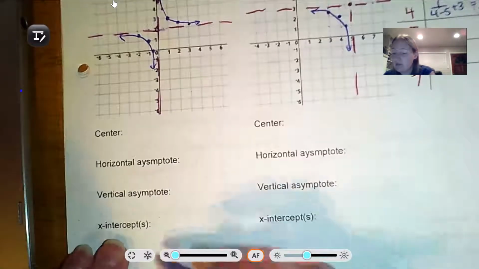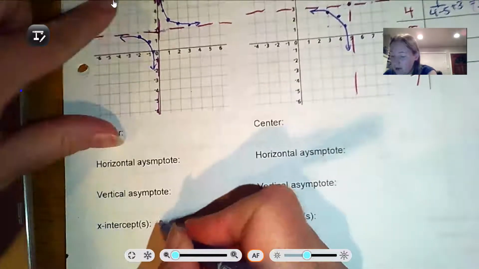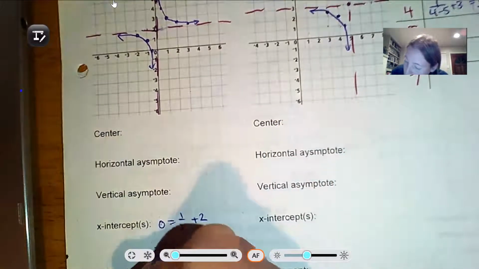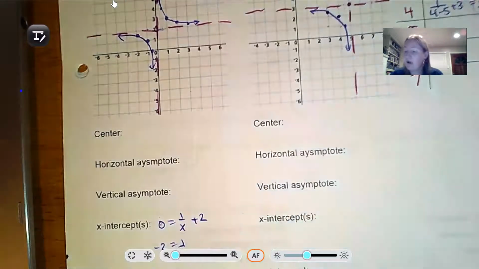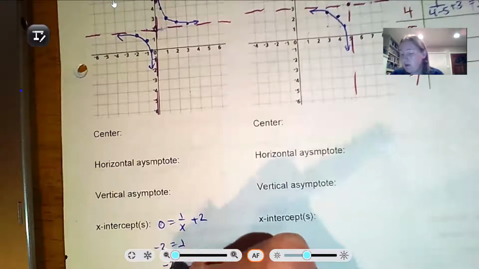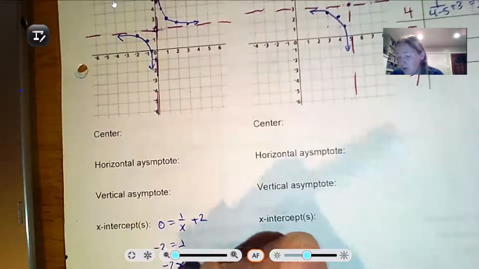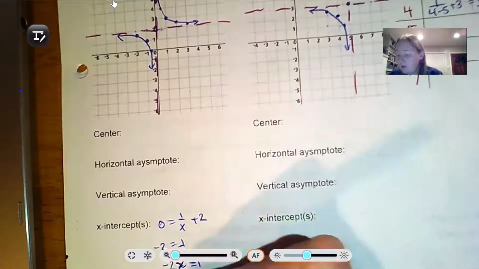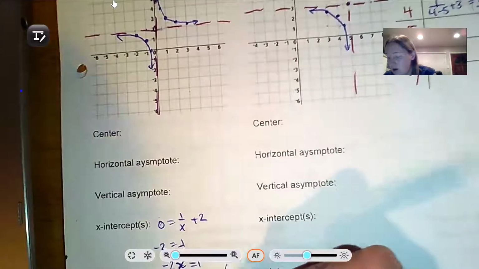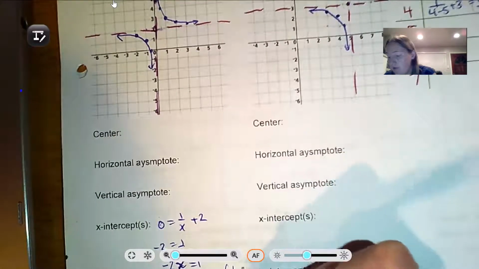So here, if I were to solve for the x-intercept, that's when y is 0. So I'd have 0 equals 1 over x plus 2. I would subtract 2 from both sides. I would then multiply both sides by x, or I can cross multiply. -2 equals x equals 1. Divide by -2, and I would have an x-intercept of negative 1/2 when y was 0.